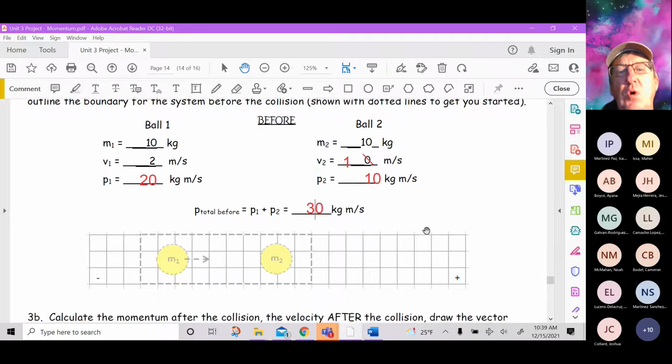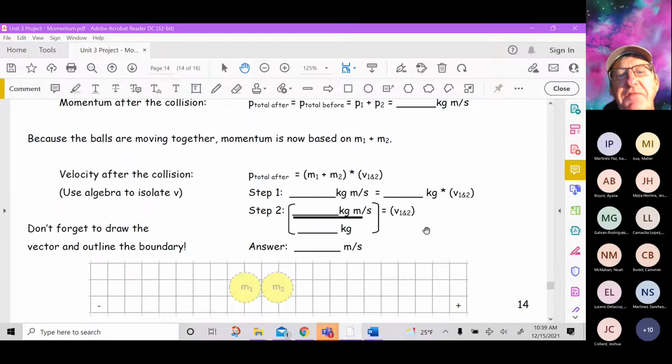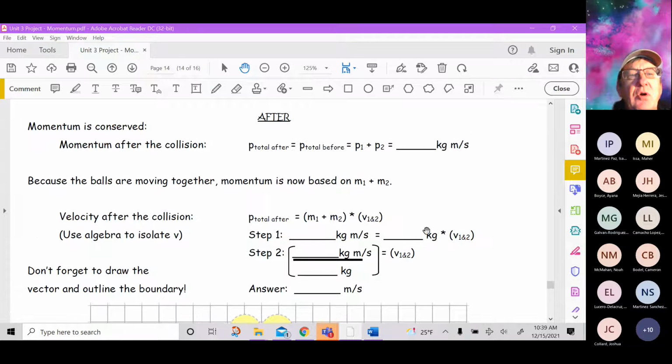So that's the before. Now for the after situation, we have to remember that momentum is conserved. So whatever the momentum was before the collision is the same as it is after the collision. So for this problem, before I changed it around, it was 20.